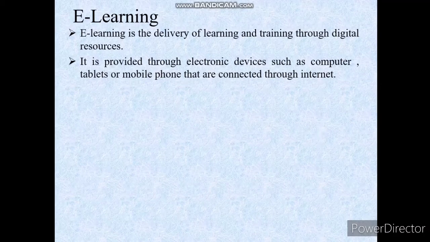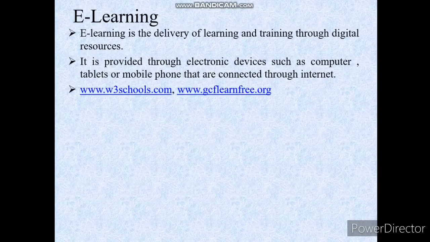Some websites such as www.w3school.com and www.gcflearnfree.org offer free tutorials on topics related to technology. I hope you understand.